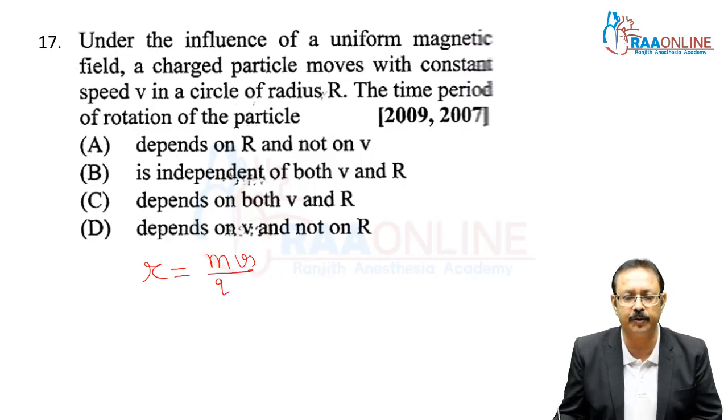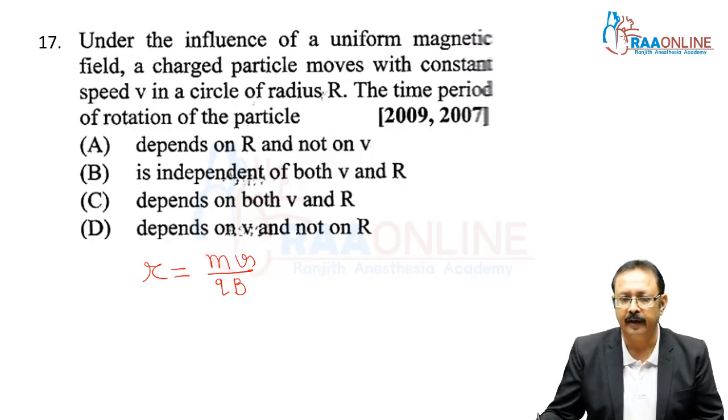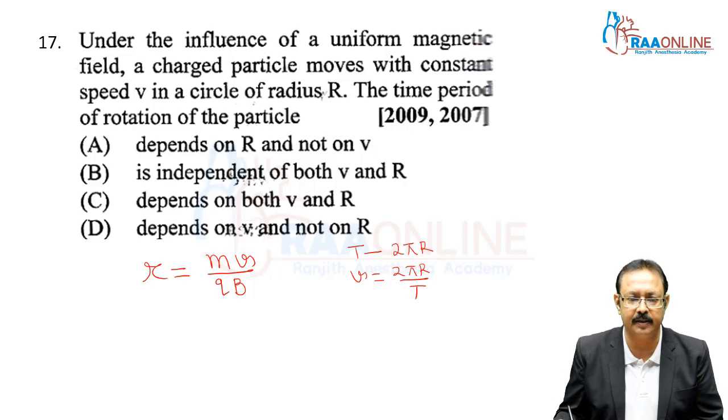Now our purpose is to introduce the time period. We know that in one time period, the particle travels a distance equal to the circumference of the circle. So its velocity is distance upon time, 2 pi r by t. We can replace v by this. So R, capital R, is equal to m into 2 pi R.